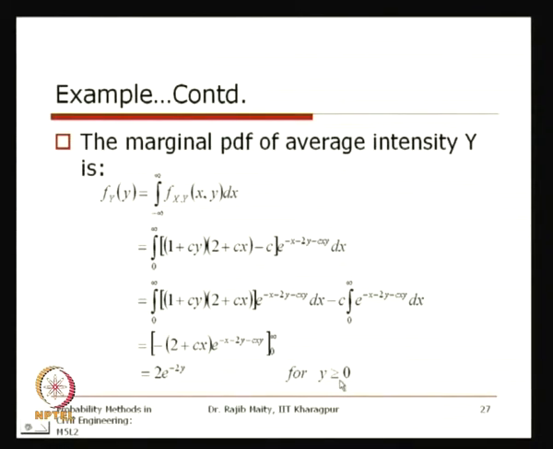So in this class, we have discussed the concept of the marginal probability distribution, and the joint probability distribution we have discussed earlier. Now, we know the joint distribution and the marginal has been discussed. After that, one more important concept is the conditional distribution.